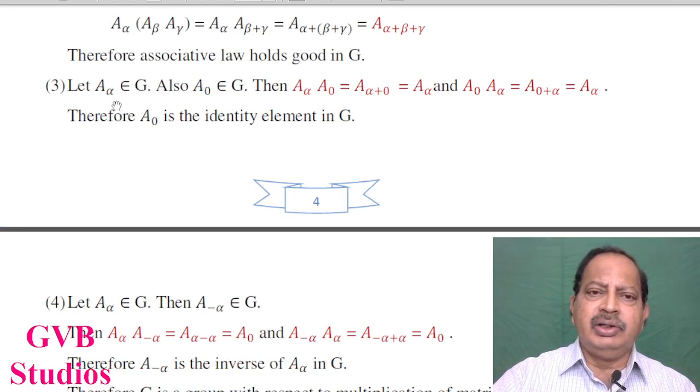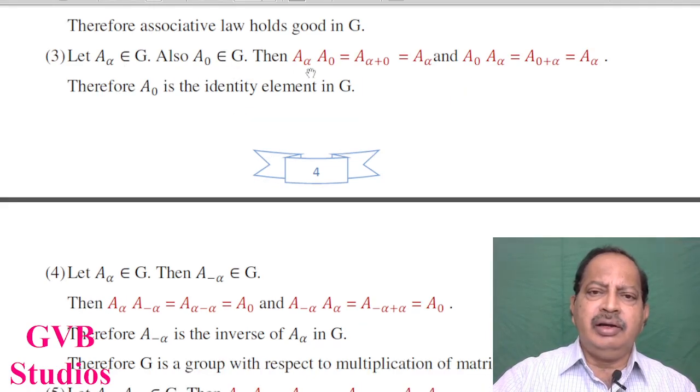Next, we go to the identity element. Let A alpha belong to G. Consider A suffix 0, which belongs to G. Then A alpha A0, as in the closure property, you can write as A alpha plus 0. This gives A alpha. And again, A0 multiplied with A alpha gives A0 plus alpha, which is equal to A alpha.